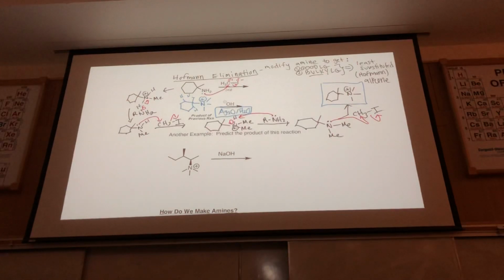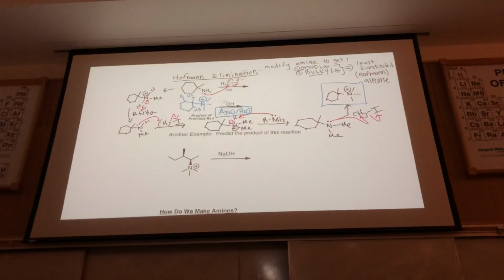Remember the goal in 211 when we were using a small base like that was to get the Zaitsev product. But seeing as this is the Hofmann elimination, we're likely not going to get the Zaitsev product. So if I number these H's, 1, 2, 3, which H is coming off? 2. The least substituted alkene will be formed because our leaving group is so sterically hindered, it makes our substrate too sterically hindered to access those interior protons.